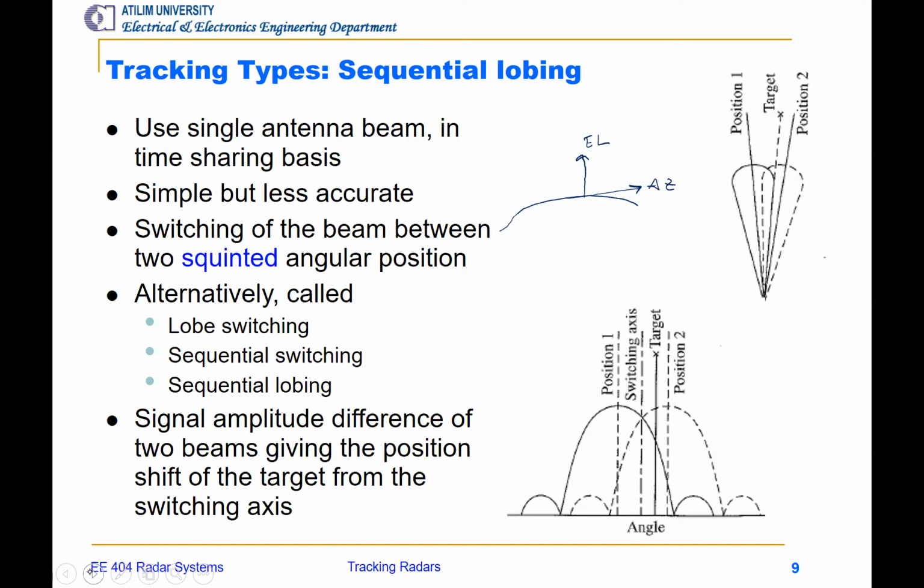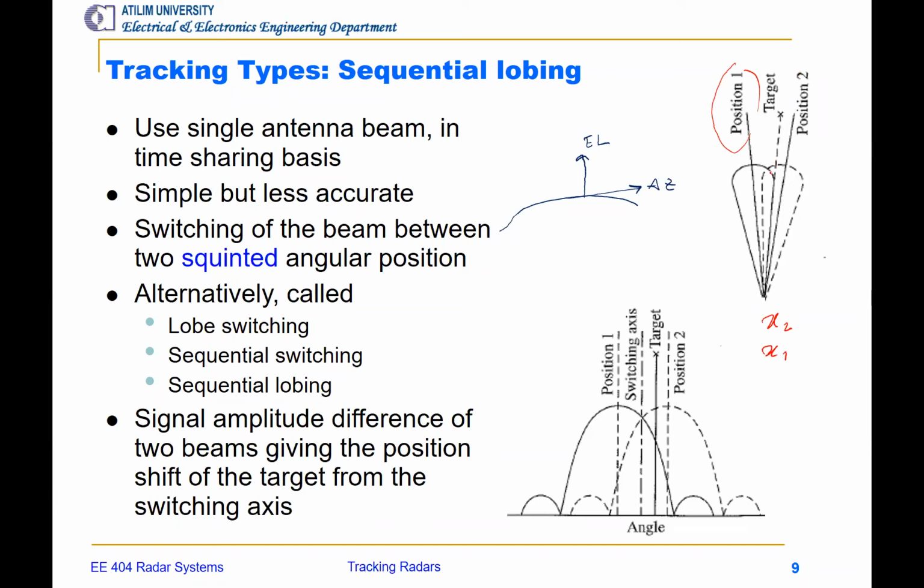So we get the signals, and then get the signal amplitude differences of the 2 measurements, and then determine the position of the target. I mean, the directional motion of the target. It's shown here simply. For example, the signal amplitude coming from beam position 2, let's say x2, and beam position 1, x1.